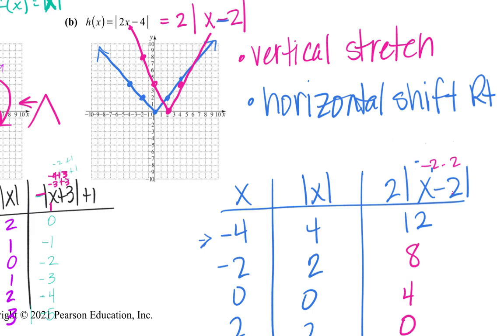You can see that we did a horizontal shift of 2, 1, 2 is our horizontal shift. And we have this vertical stretch of 2. So notice that if we're using the same x value, the y value got bigger, so that was a vertical stretch.